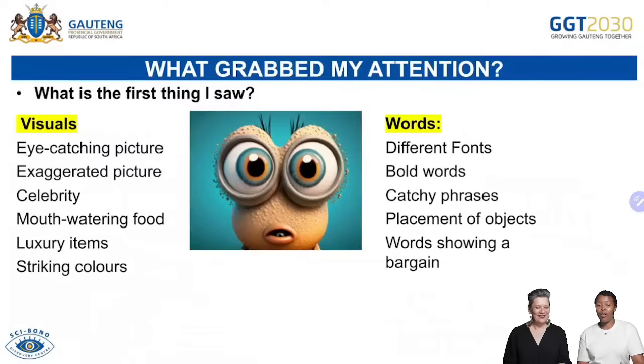Then we also have words that are used to grab your attention. Remember, the question was, what grabbed my attention, or what can the examiner use to grab the attention, or what the advertiser can use to grab your attention. And we speak about visuals, but now I want us to focus on the words. Words, the different fonts used, bold words, catchy phrases, placement of objects, and words showing a bargain.